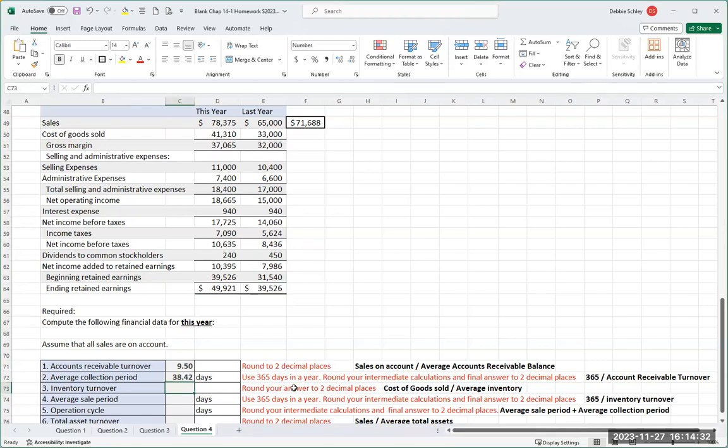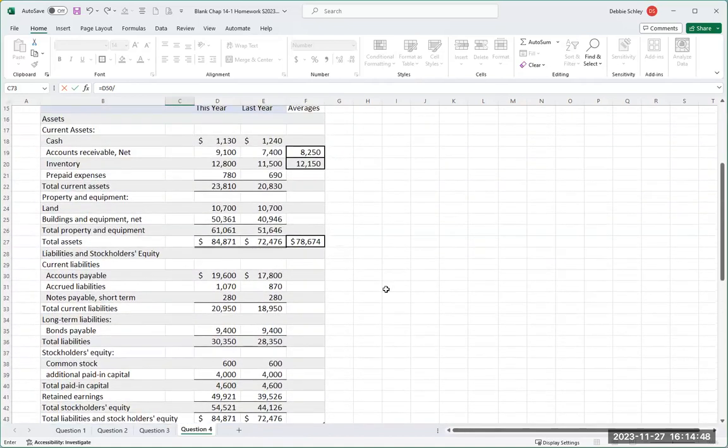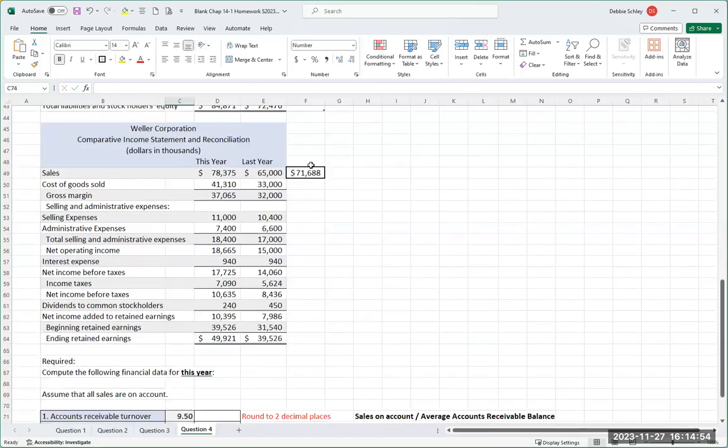Now, inventory turnover, round your answer to 2 decimal places, equals cost of goods sold for this year divided by average inventory. Right there. So there's my average inventory that I figured out.